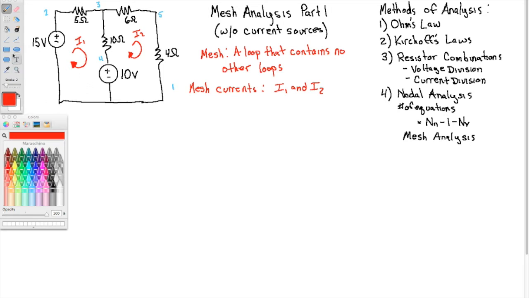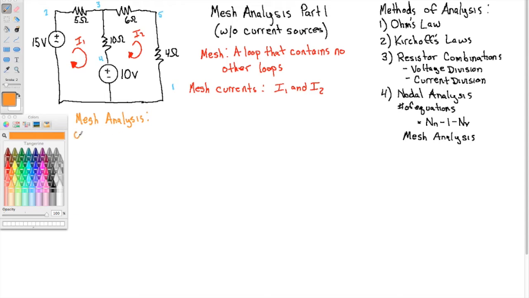All right. Well, I guess we'll list the steps for mesh analysis. Mesh analysis, just like we did nodal analysis. And then when we come back to circuits with current sources, we'll have to modify this a little bit.